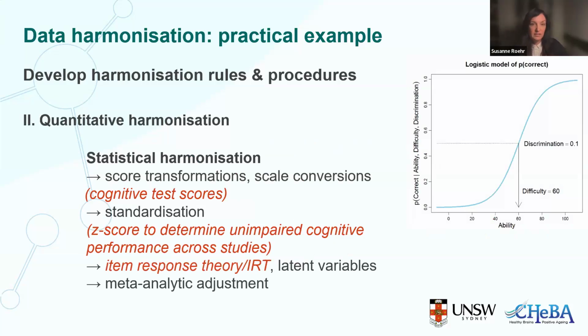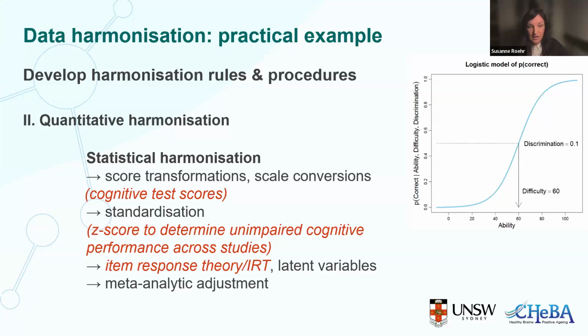Standardization is another common technique, often used also not necessarily in the context of harmonization. In our study, we used an adjusted z-score to inform the categorization of unimpaired versus impaired cognitive performance across the different studies. And then finally, there are some more advanced techniques that come on the agenda.